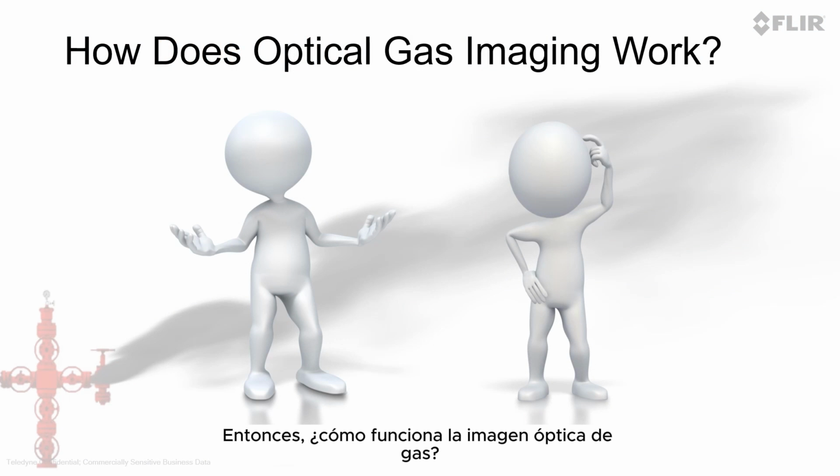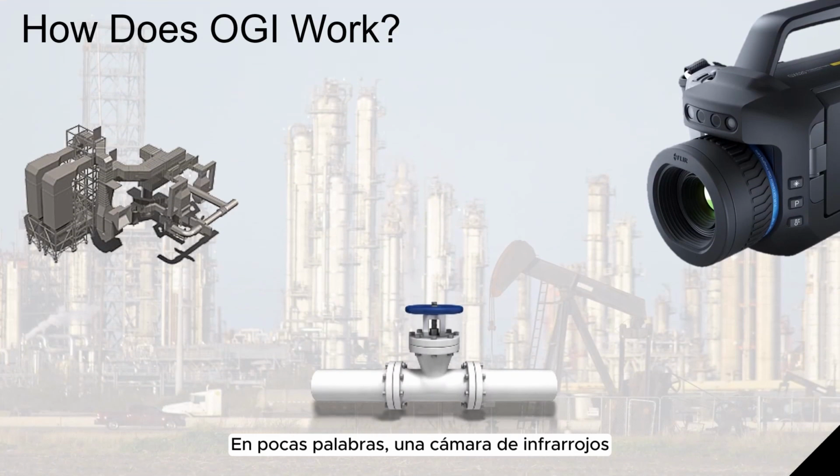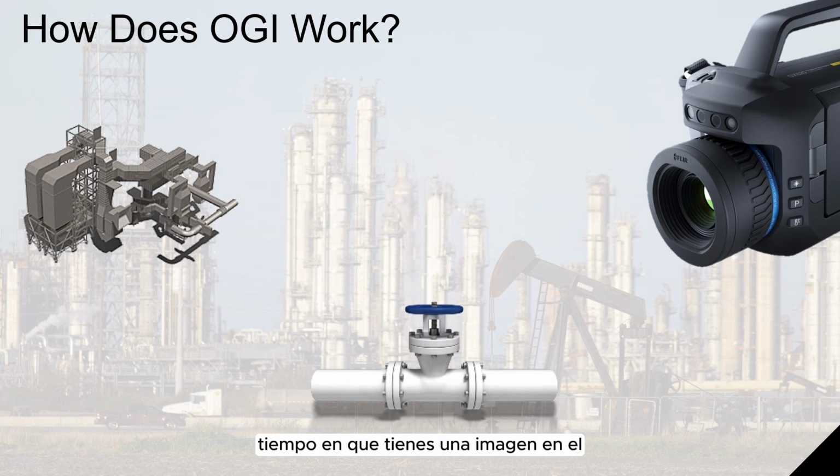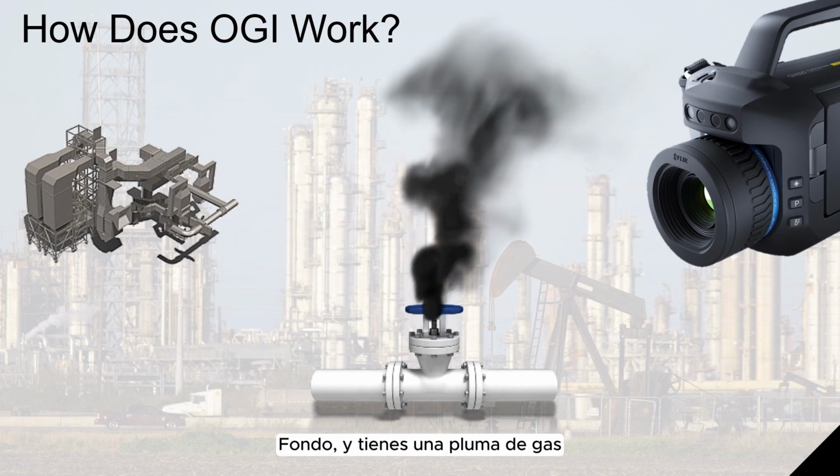So how does optical gas imaging work? To put it simply, an infrared camera sees an object and makes an image. That object emits energy, which goes into the infrared camera and creates an image of what's happening behind it. Most of the time, you have an image in the background and you have a gas plume in between the camera and that image.